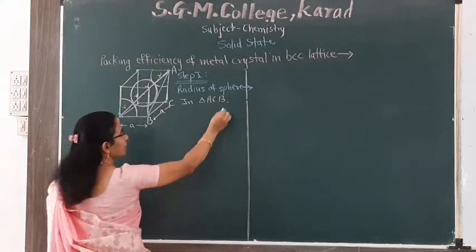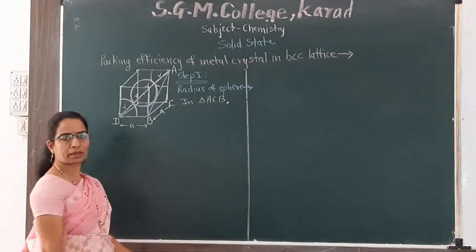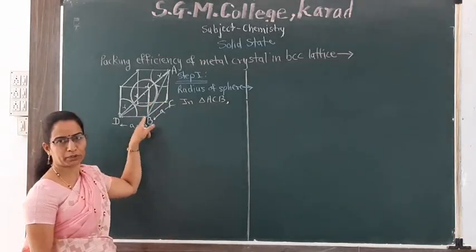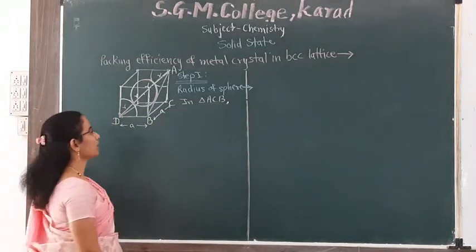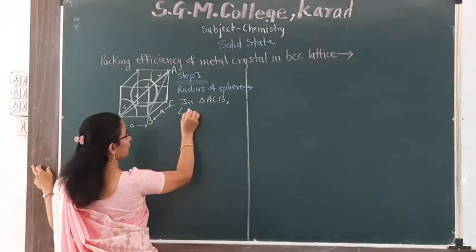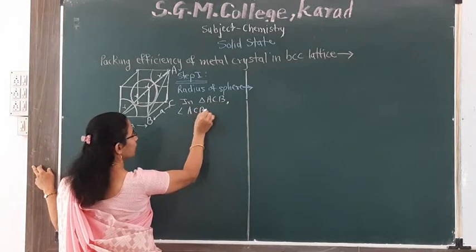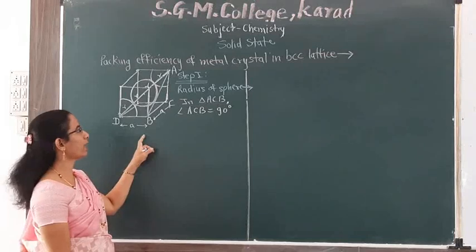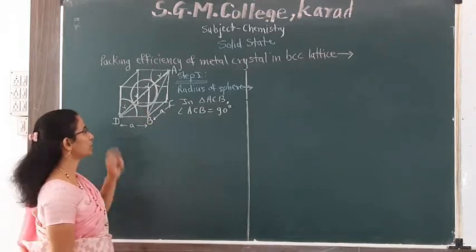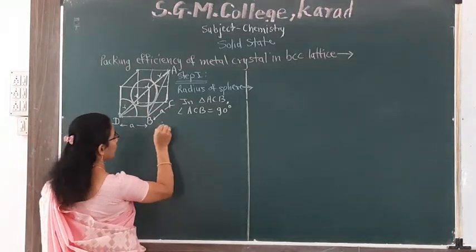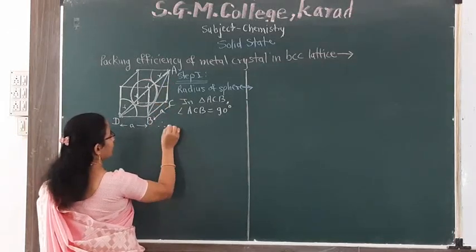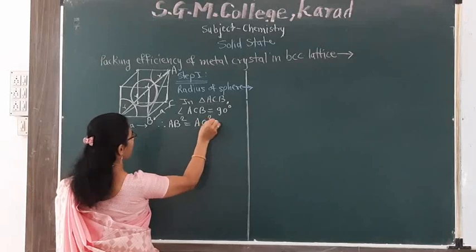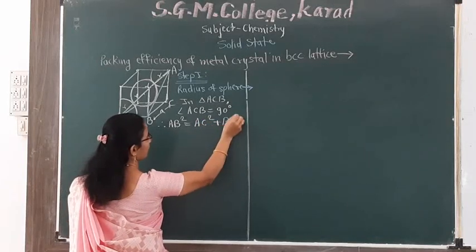In triangle ACB, you will observe that the angle ACB is 90 degrees because this is a cubic lattice. All the angles are 90 degrees, and therefore we can apply the Pythagoras theorem to this triangle. According to the Pythagoras theorem, AB square is equal to AC square plus BC square.